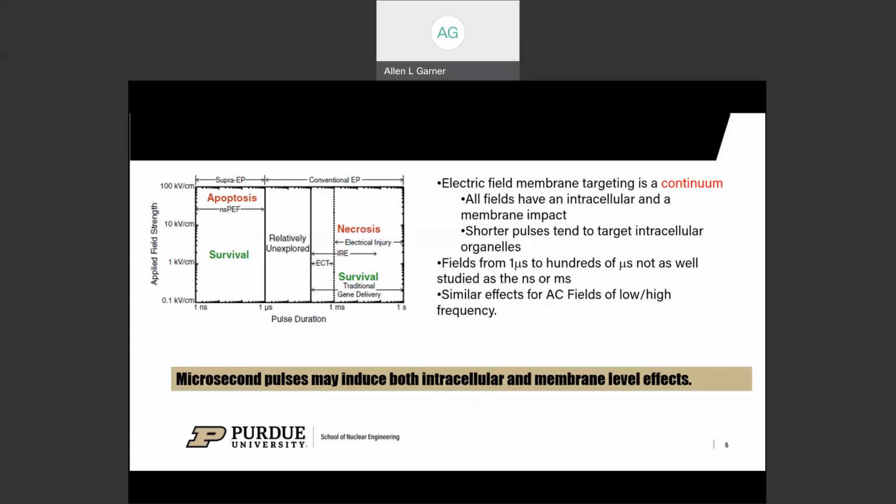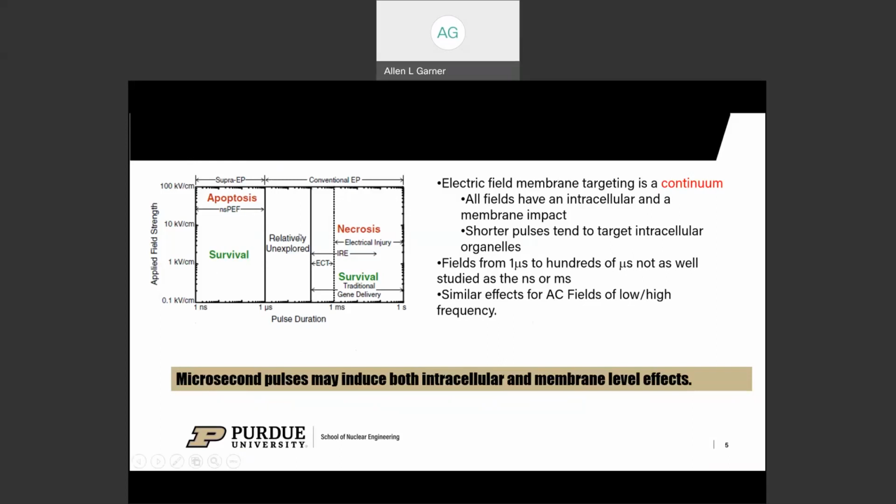Now, in collaboration with GE, we have shown, Purdue and GE together, that you can actually induce the same effects with microsecond. So it's not strictly a nanosecond effect. We're just inducing membrane behavior. So some effects require intracellular effects. Some effects can be satisfied effectively by leveraging longer duration pulses.